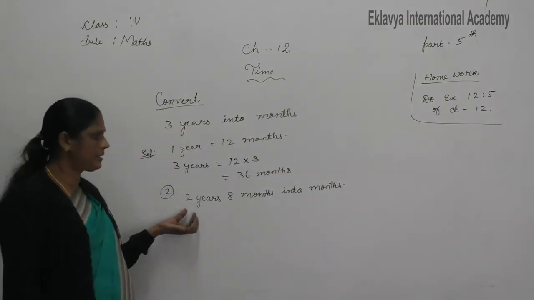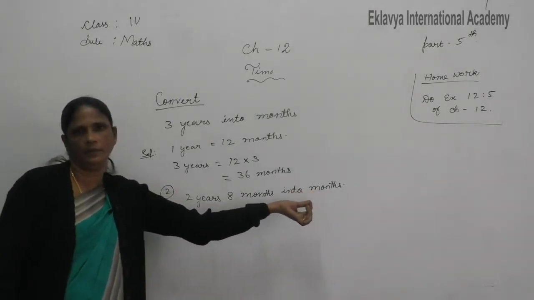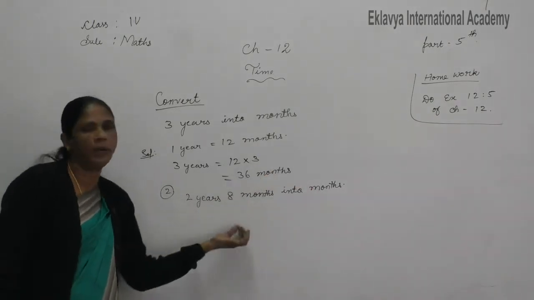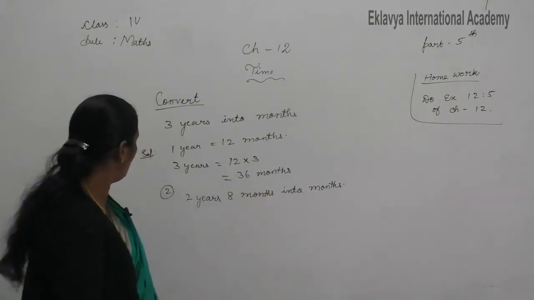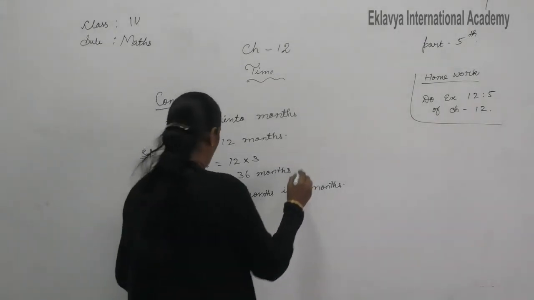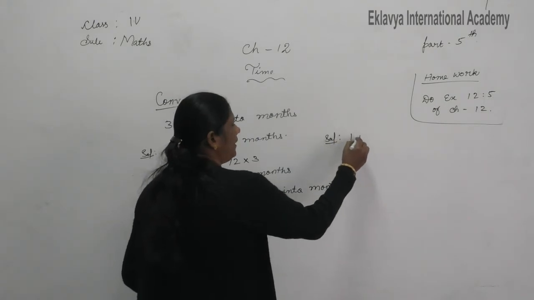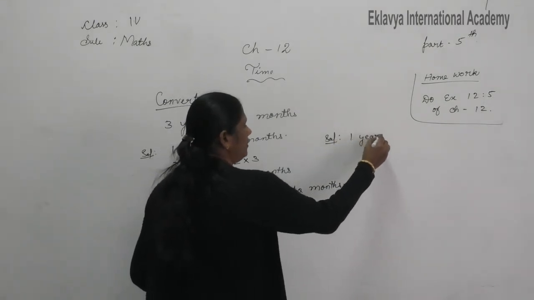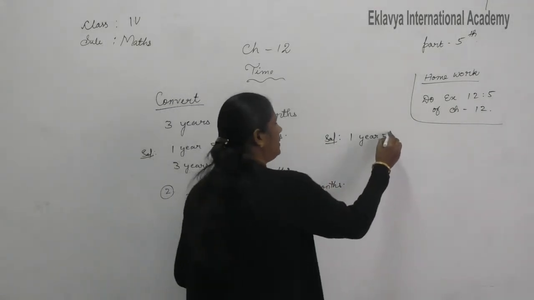Year into month, month into month. Now we write the solution: 1 year is equal to how many months? 12 months.